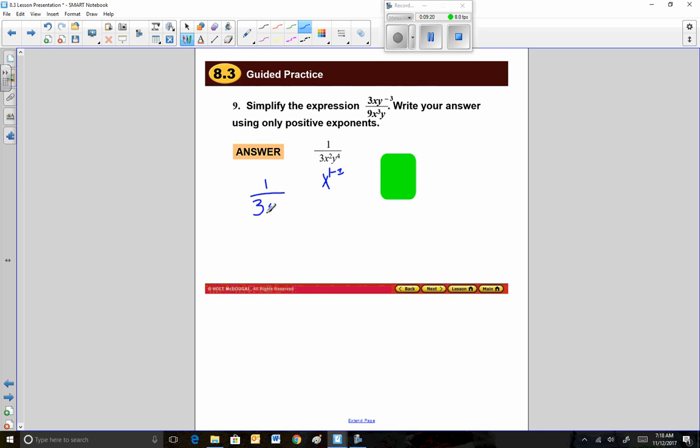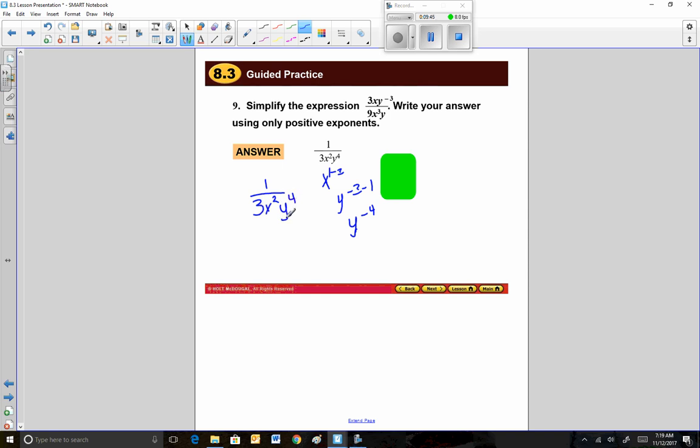So we have to write it down below to make it positive. And then you have y to the negative 3, and that's a 1 down there. So minus 1 makes it y to the negative 4. If you have y to the negative 4, let's bring that down below so that it can be a positive 4. So that's why it's y to the 4th.